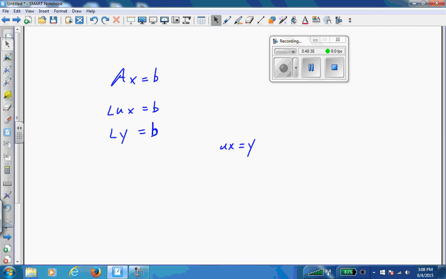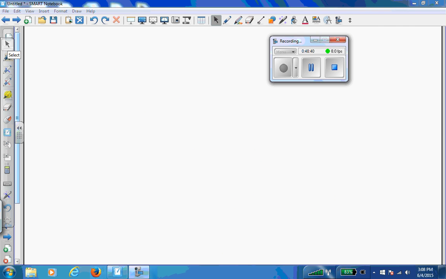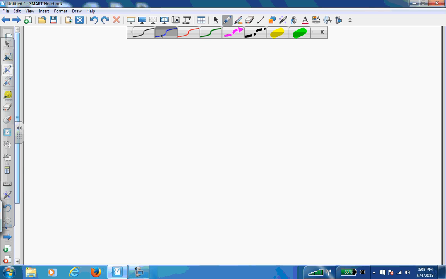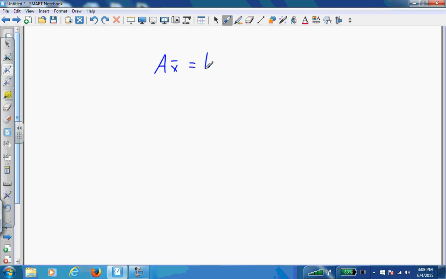So real quickly, let's look at one use of LU factorization. We're not going to do a whole lot with it. But let's suppose we have a system of equations that we can write as AX equals B. We talked about what that means. And let's suppose we take A and write it in LU factorization.